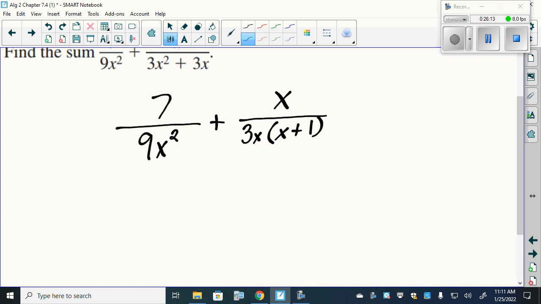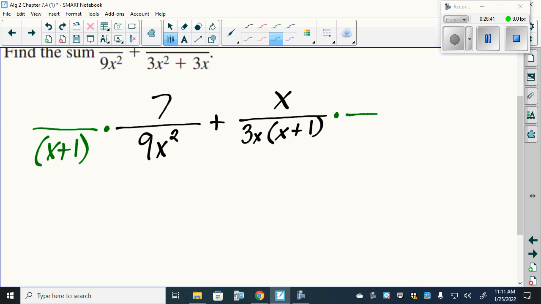Looking at these two here, what does the 3x times x plus 1 have that the 9x squared does not? The x plus 1. So, if I want this to be the same, I'm going to need to multiply the 9x squared by x plus 1. Because if I multiply it by the x plus 1, it'll be closer to being the exact same.